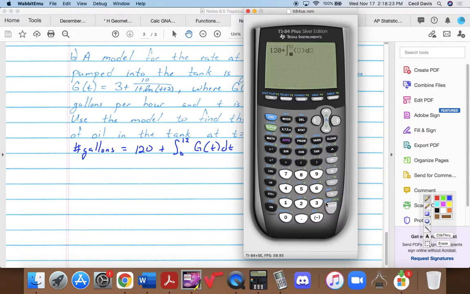So math 9. From 0 to 12 of 3 plus a fraction with 10 in the numerator and 1 plus the natural log of x plus 2 in the denominator with respect to x. 197.975.